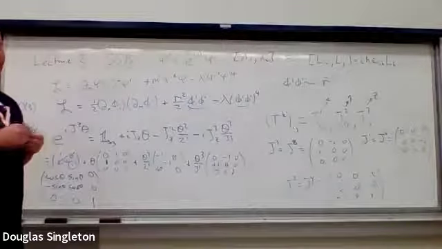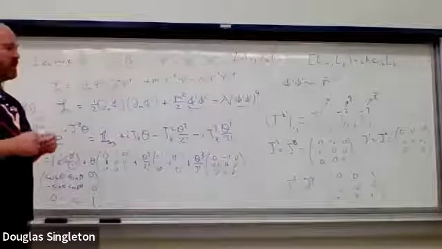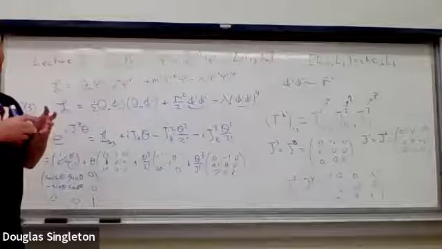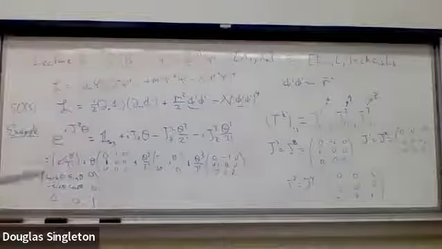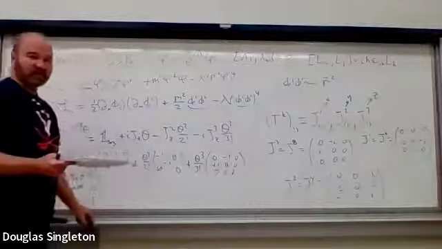It turns out SU5, at least in its simplest guise, doesn't appear to be a good way to grand unify all the forces. All right, I'm going to erase my example, unless you guys have questions.